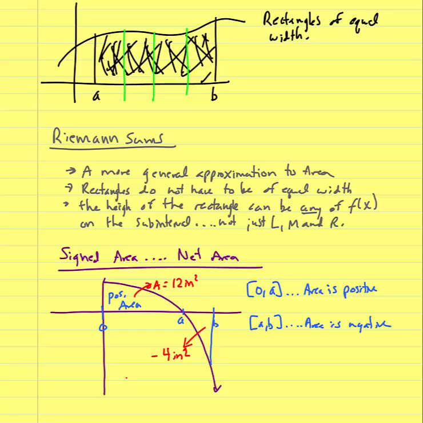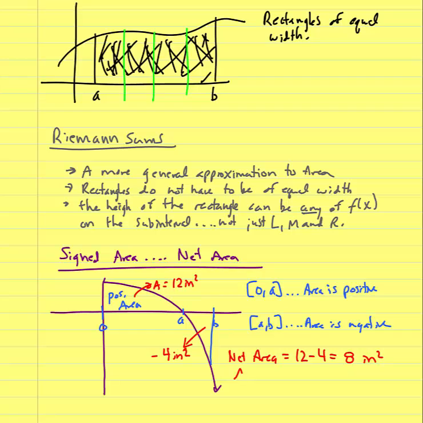So there's a couple things I'm looking at here. If I look at my total area, you can see that there'd be a 12 and a 4. So that would be our 16 for our total area, but our net area, which is what our integrals come up with, would be 12 minus 4, which is equal to 8 square inches. So the idea of this net area is going to be really important.